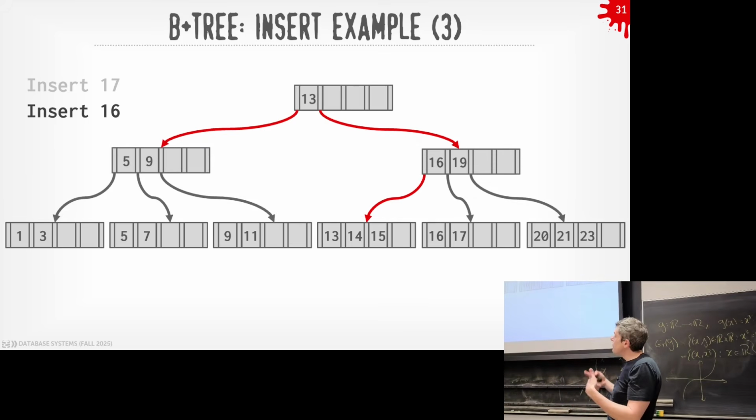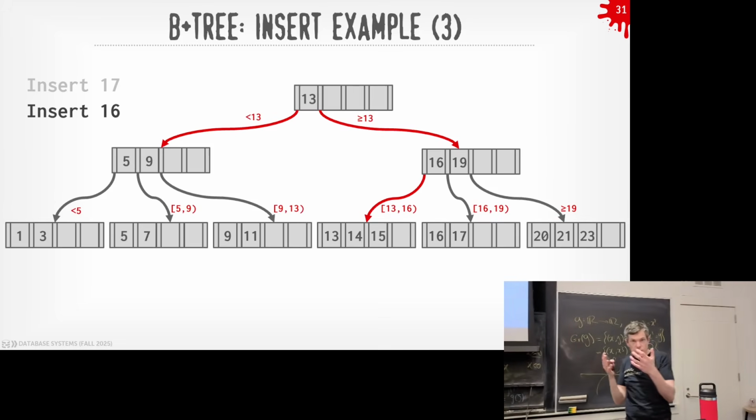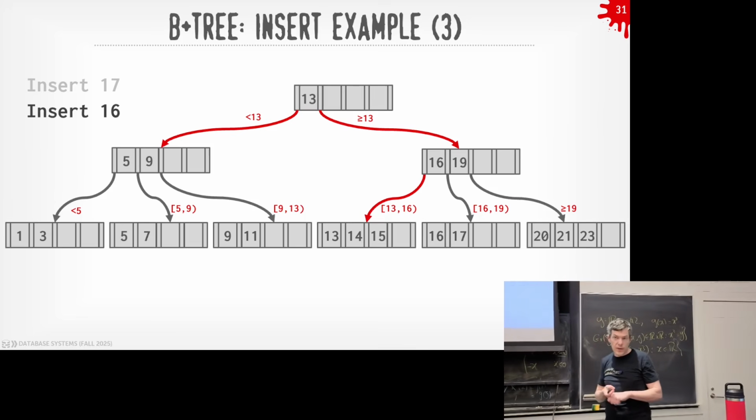Well, you just copy. You create a new one and then reallocate things in the original one. That's fine. And then I update my new root node, 13, to point to values less than 13, which are 5 and 9, and values greater than or equal to 13, which are 16 and 19 on this side. So the new organization of the discriminator keys looks like this.